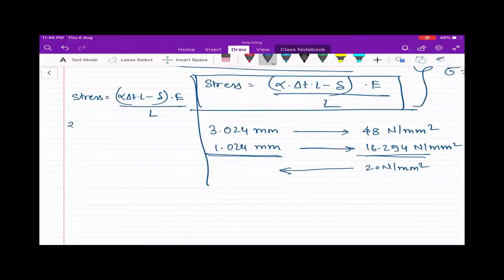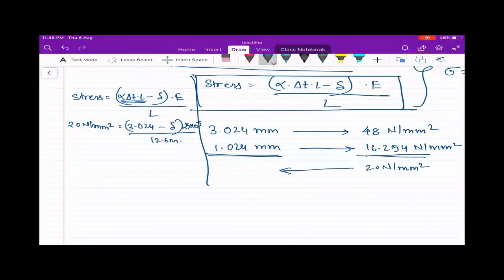Now in this case, the stress is given as 20 Newton per mm square. Now we know one thing, the free expansion will be equal to 3.024 mm. Delta we have to calculate because the gap has been asked. E is given to us, E is 2 into 10 to the power 5. What about L? L is 12.6 meter.